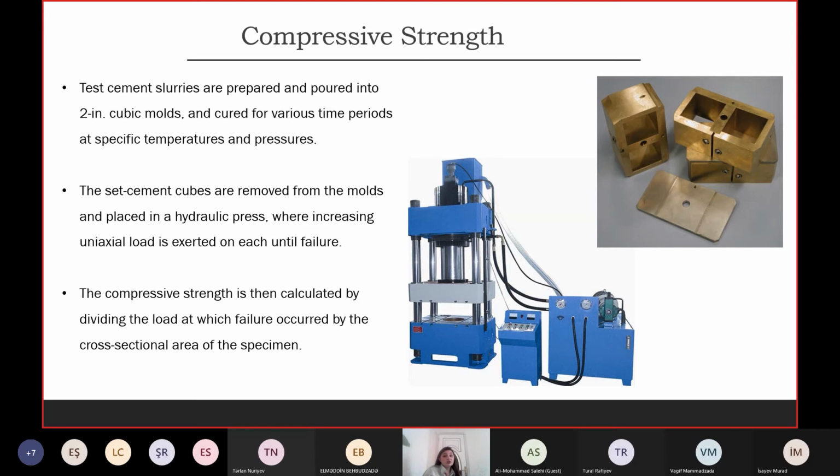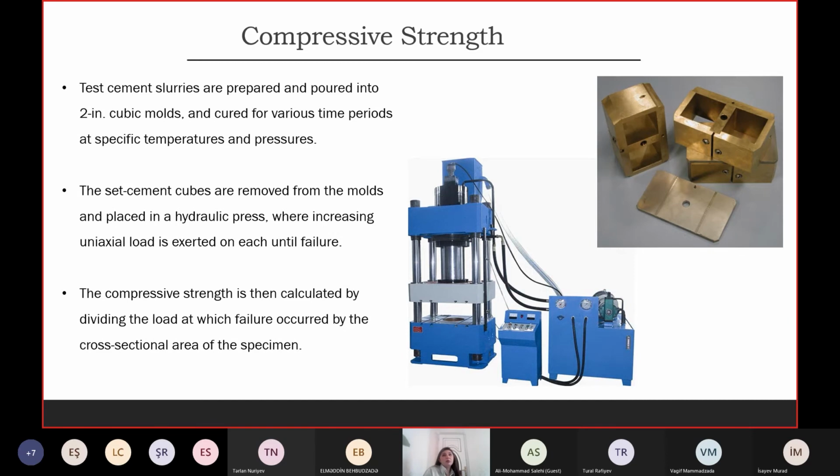Sometimes you cannot crush it. These tools, hydraulic presses, have a limit of 5,000 psi. And sometimes your cement sample gets very hard, more than 5,000 psi.